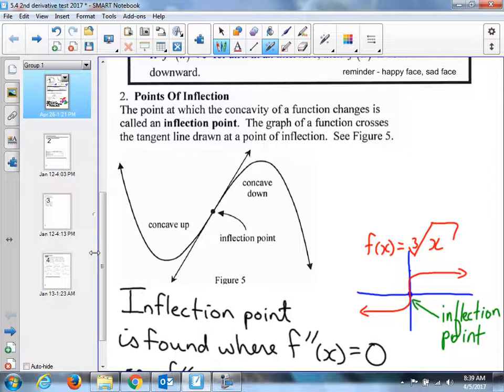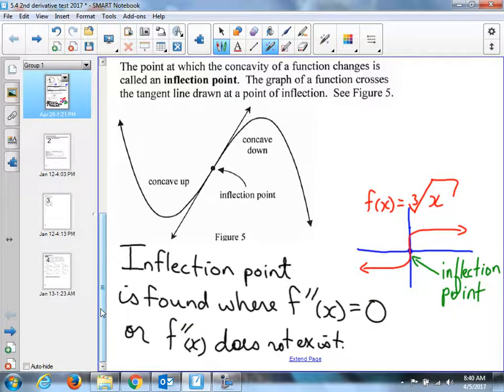You're looking for zeros or the spots where the second derivative doesn't exist. And if it does switch signs, going from concave up to concave down, that's called an inflection point. Similar method to find them: look for your zeros or spots where it's undefined. So it's found where the second derivative is 0 or doesn't exist.